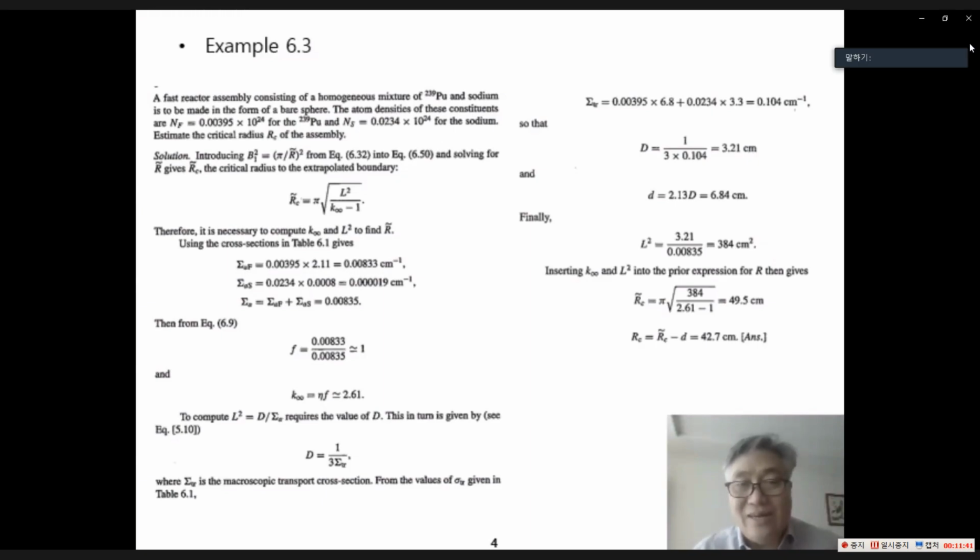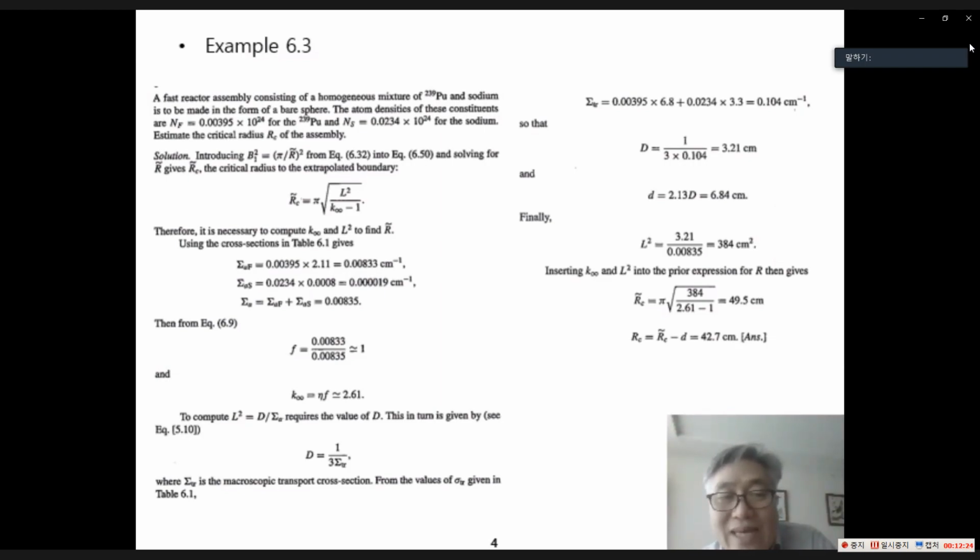In order to calculate L and k infinite, you have to know the macroscopic cross section. So sigma AF is the number density times the absorption cross section of fuel, 0.03395, that is given, and the 10 to the 24 is cancelled out with 10 to the minus 24, so 2.11 bar. So you get sigma AF, and sigma AS for sodium is 0.02234 times 0.0008.